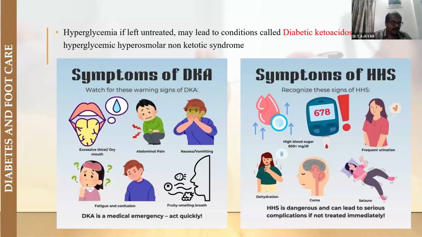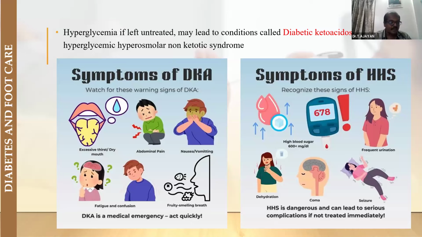The symptoms of hyperglycemic hyperosmolar non-ketotic syndrome: both are dangerous, and both diabetic ketoacidosis and hyperglycemic hyperosmolar non-ketotic syndrome cause many complications, no doubt. But out of these two, hyperglycemic hyperosmolar non-ketotic syndrome causes coma and seizure.